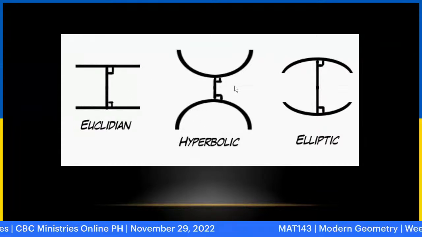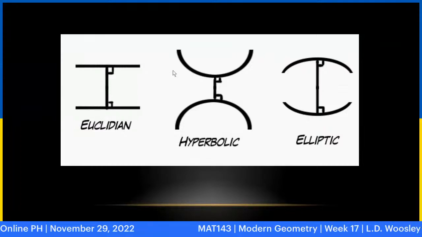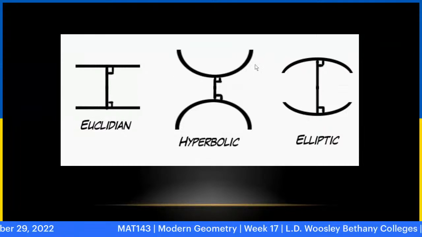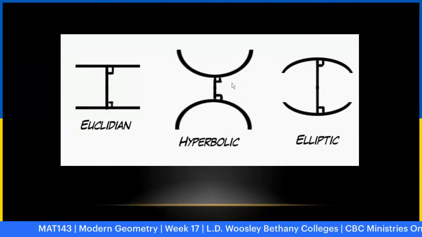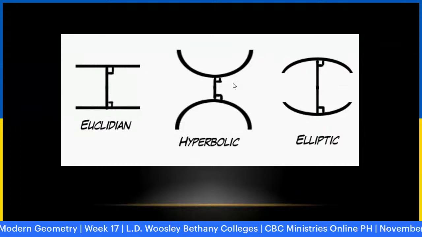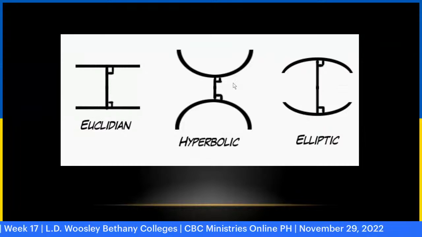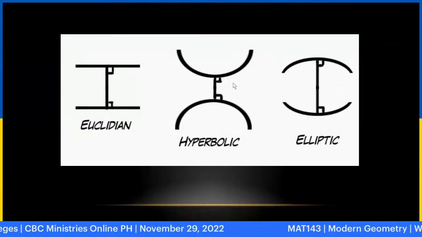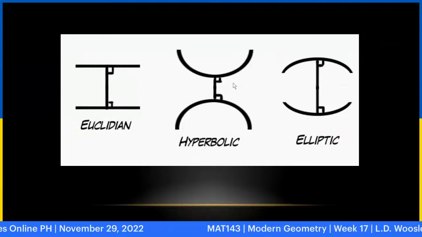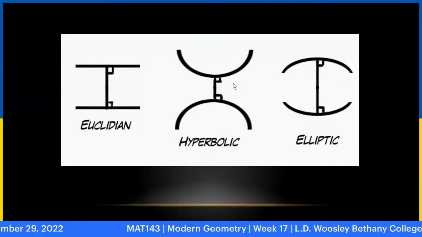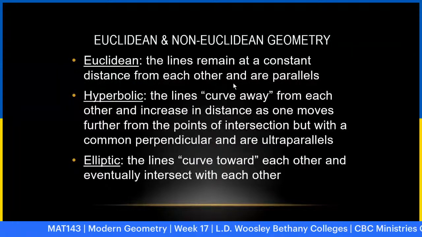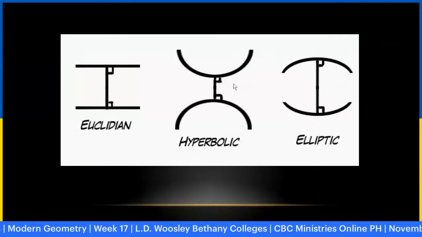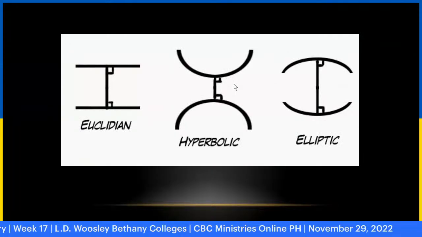For hyperbolic, there are lines or a family of lines that curve away, and they will not intersect. And then for elliptic, everyone will intersect at a particular point. They curve toward each other. Okay? So this is an illustration for that.